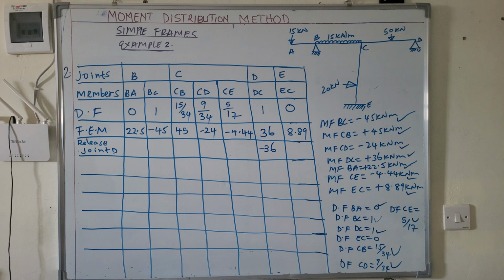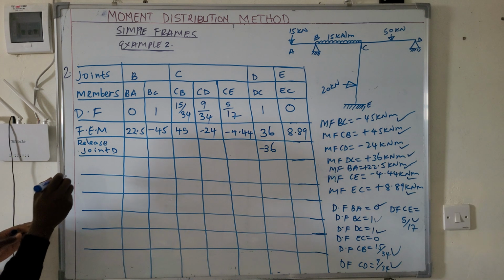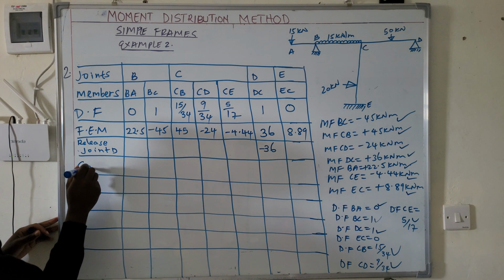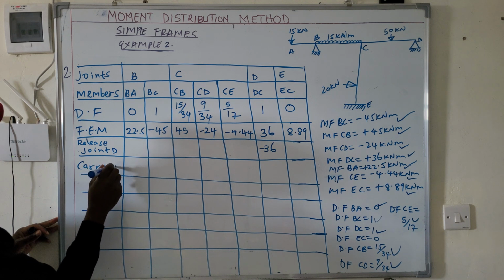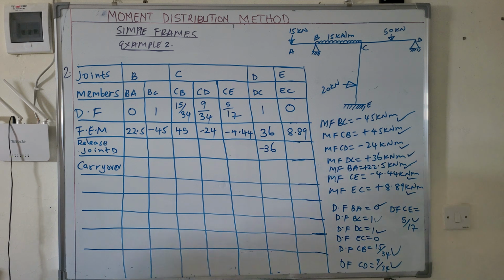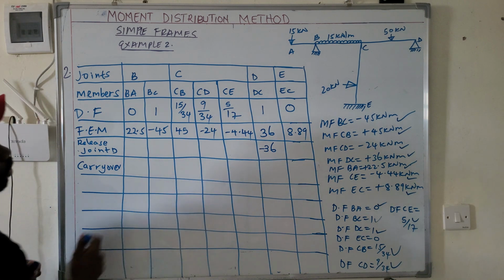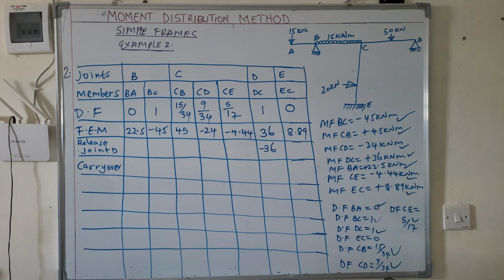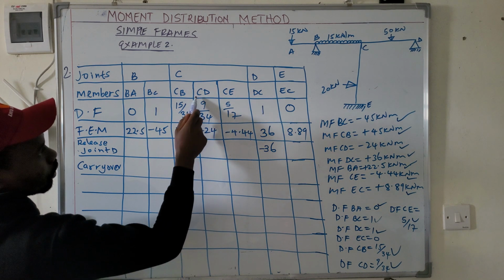And then you carry over. You will carry a half of this to the opposite member of DC. The opposite member of DC is CD.